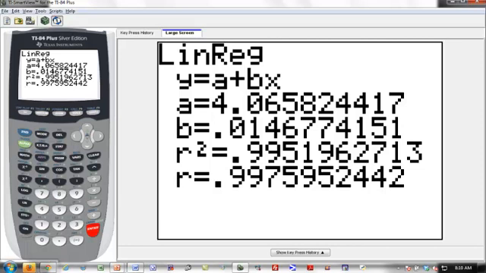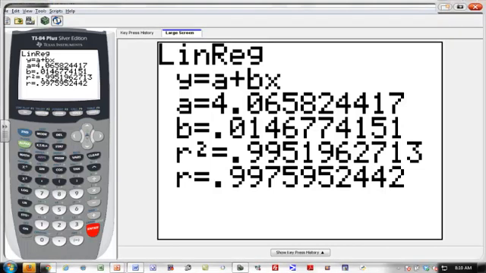Now, let's take this information and say what we have. The linear regression model that comes out of here is y hat, a predicted y value, is equal to A plus B, and now I'm going to pause.